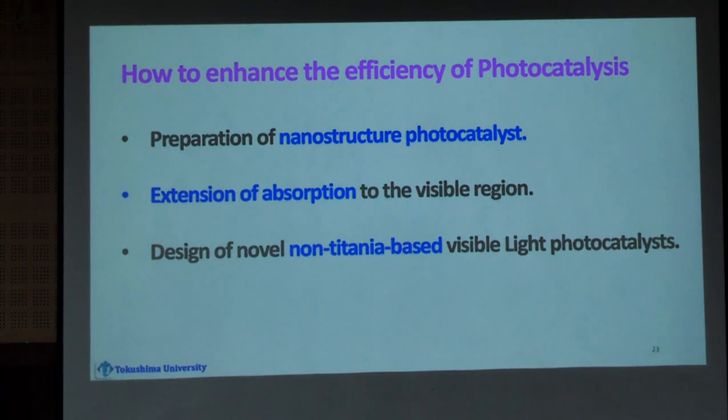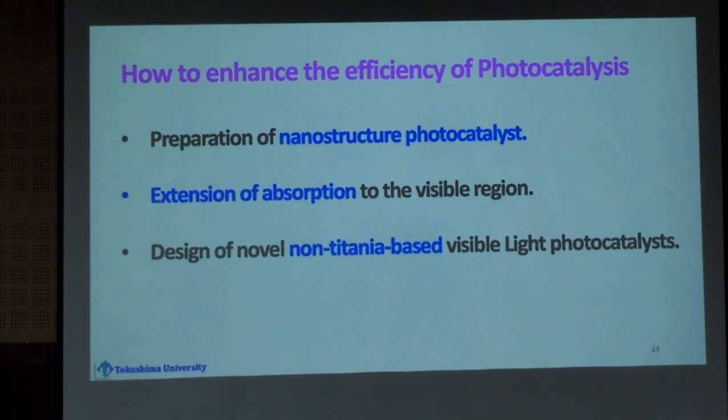So there are three factors. What kind of nanostructure you are preparing, whether they are sensitive to the visible range. Third, that must be non-titanium based material, because titanium has some kind of disadvantage. The efficiency is limited if you use titanium oxide.